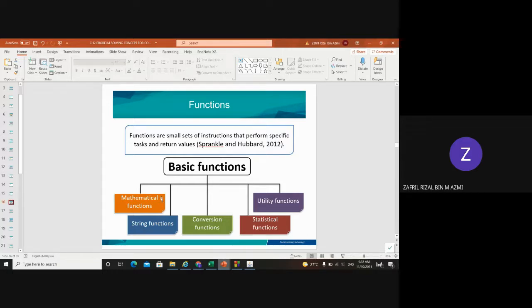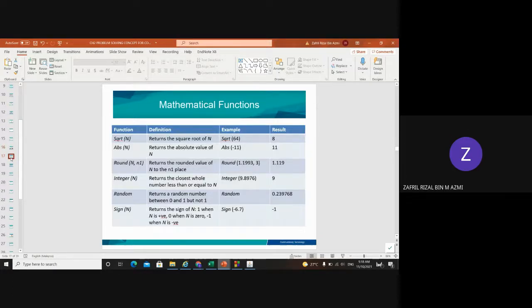If not hundreds, there are thousands of functions just for mathematical functions, if I'm not mistaken. If I'm mistaken, then sorry, but there are a lot. And for string functions, there are a lot. Conversion, statistical functions, utility functions. We are just going to look at some examples.